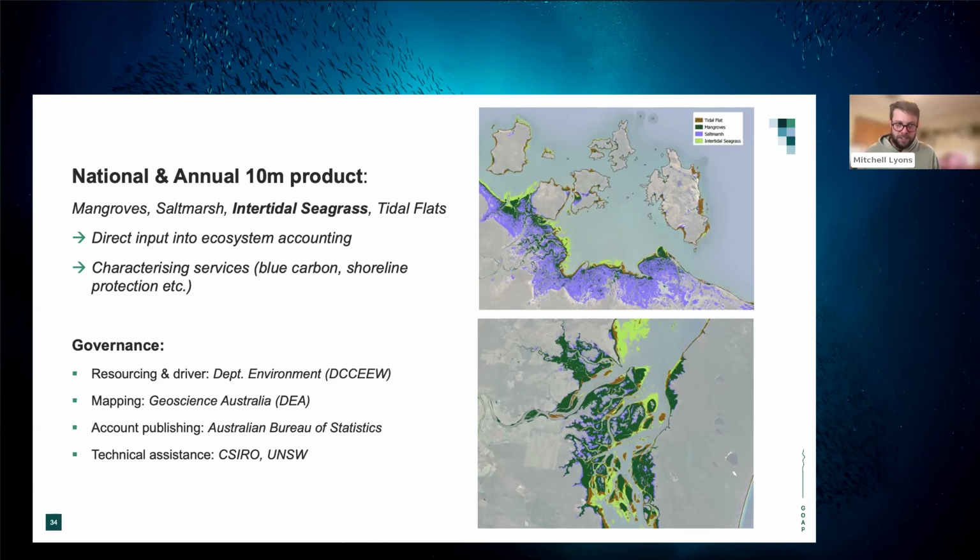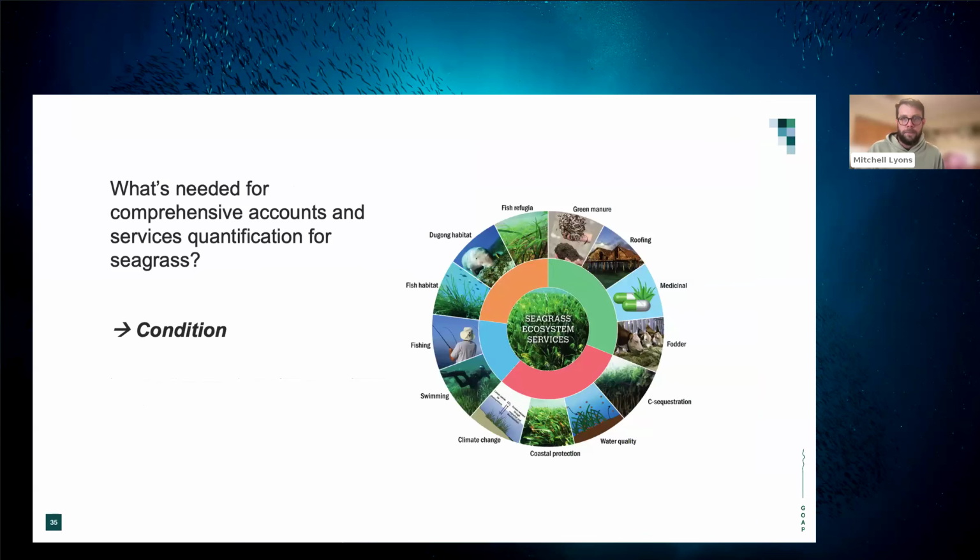We have environment agencies which drive it and fund it. We have a geoscience agency which handles the technical hosting of the infrastructure and the publishing of the actual accounts themselves, and the compilation of the accounts is by the Bureau of Statistics. And along the way, universities like ourselves, as well as other government agencies like CSIRO, have helped.